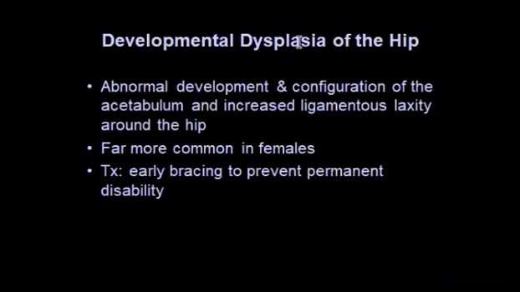For differential diagnosis, when you see an X-ray of the pelvis and you don't find septic arthritis, you don't find Perthes, you don't find slipped capital femoral epiphysis, then search for what? DDH. Developmental dysplasia of the hip is abnormal development and configuration of the acetabulum because of increased ligamentous laxity around the hip.